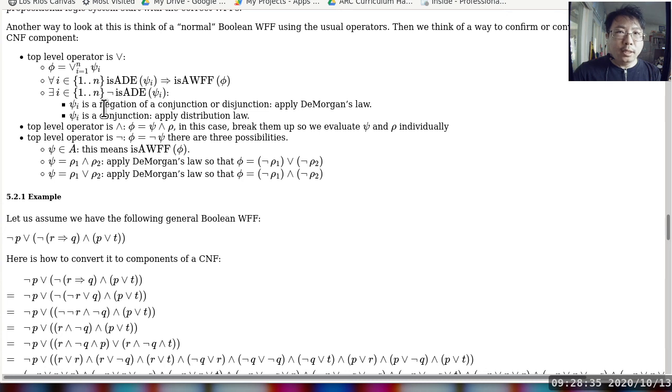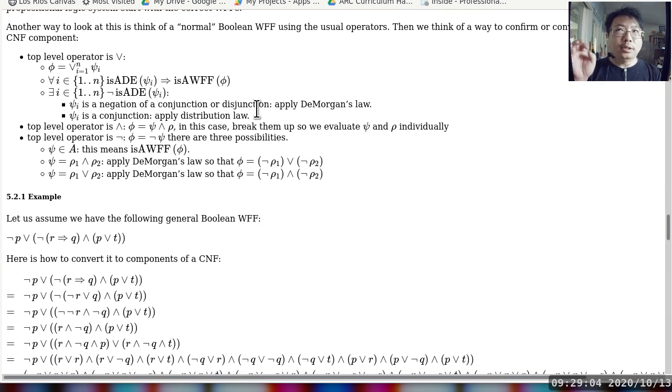If psi i is a negation of either a conjunction or a disjunction, then you want to apply De Morgan's law. You can look at De Morgan's law as a distribution, but it's not the same as a distribution like (A plus B) times C is AC plus BC. It's not that kind of distribution. It's distributing the negation to the nested portion of an operator.